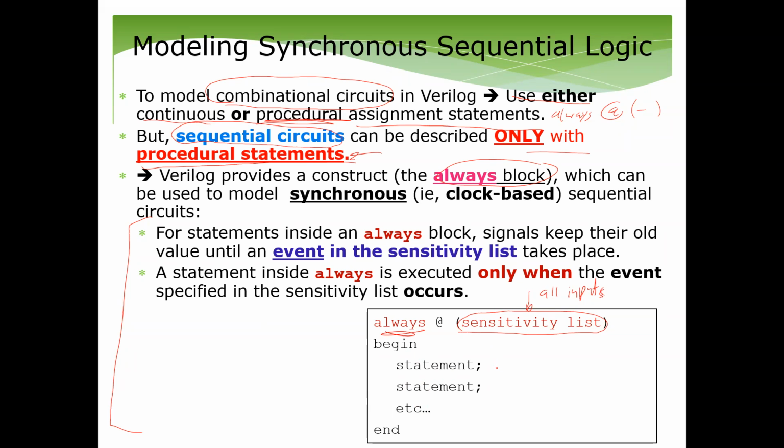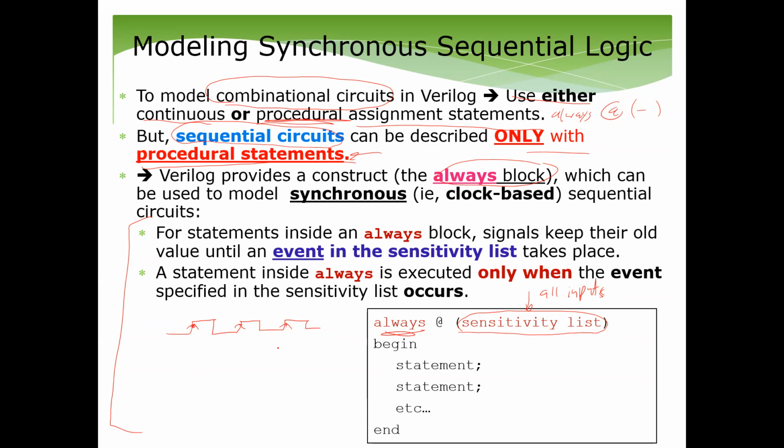In sequential circuits, no. We know from sequential circuits that we only evaluate any logic at certain times with respect to the clock. For example, in the flip-flop, you only check the logic of your circuit at certain times.